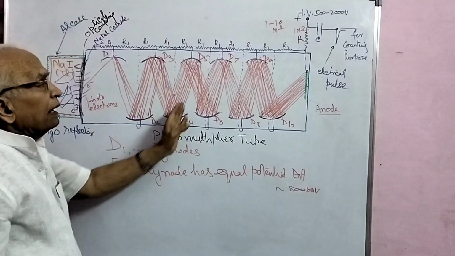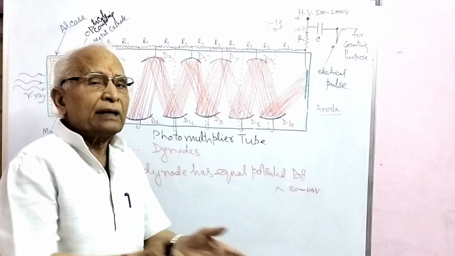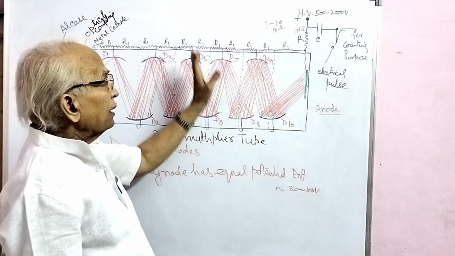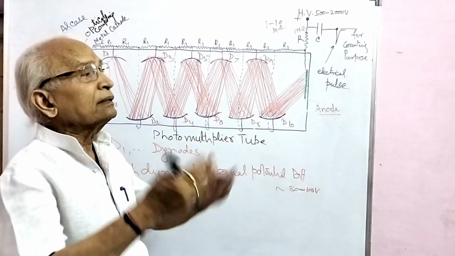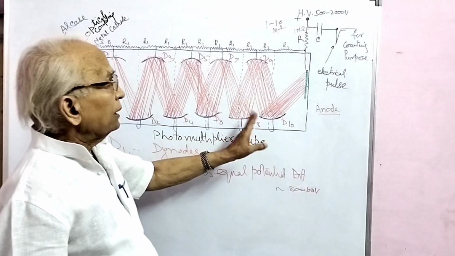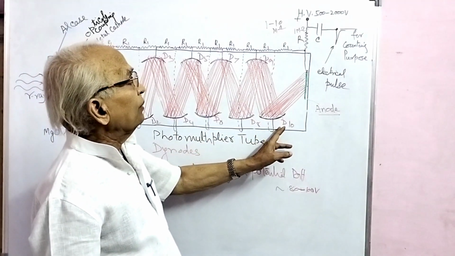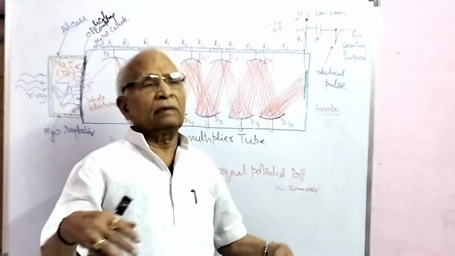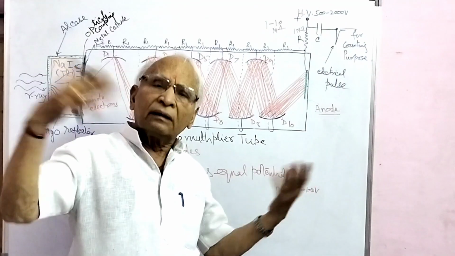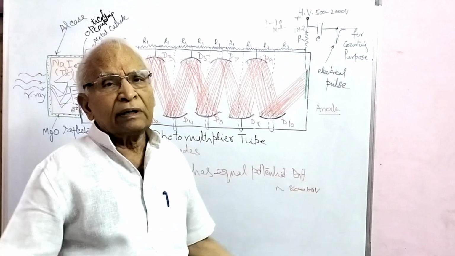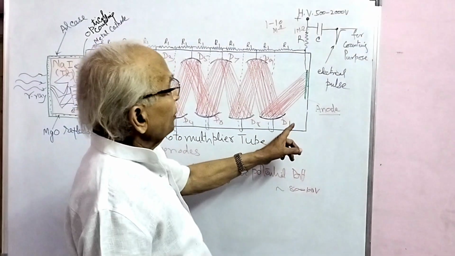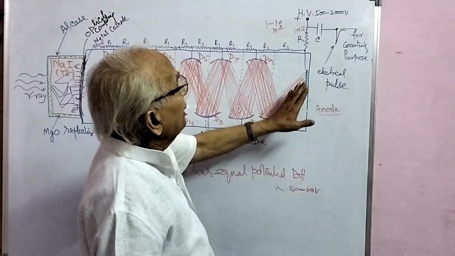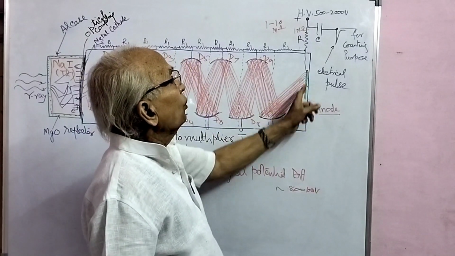In this way, at each diode having a potential difference of 80 to 100 volt, the number of electrons is increasing, so that finally here, after diode number 10, I have given 10 diodes, it can be 14 diodes, it can be 7 diodes, it can be 80 diodes. It depends upon what is the requirement. So finally we have a huge amount of electron charge collected at the anode.